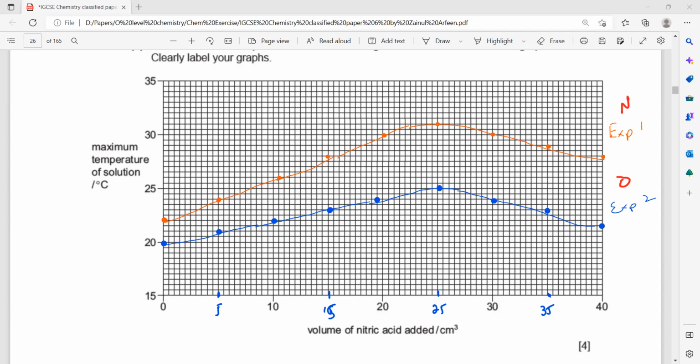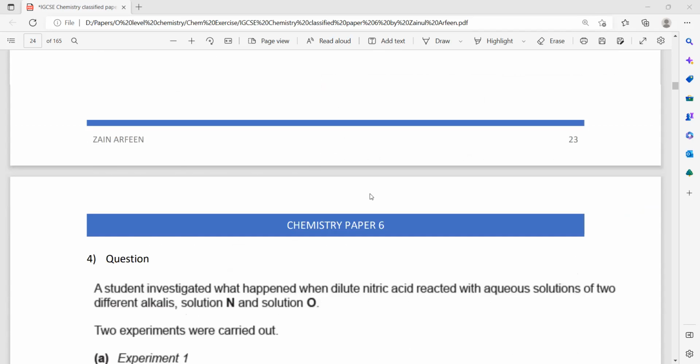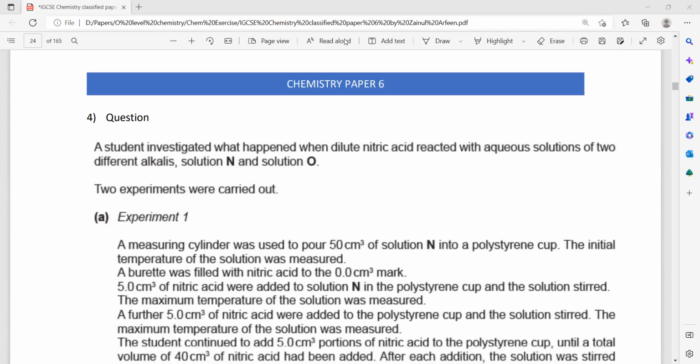Is it reacting with a metal? No. As you can see in the beginning of the question, we have two solutions. Two alkaline solutions are there. A student investigates what happened when nitric acid is added to two different alkaline solutions. So if N is giving you a greater temperature change than O, which alkali is more concentrated or strong?